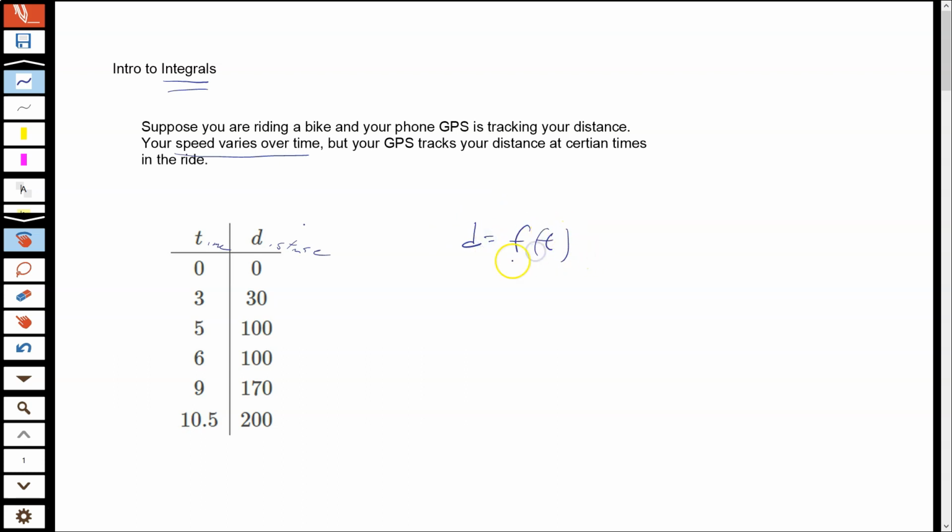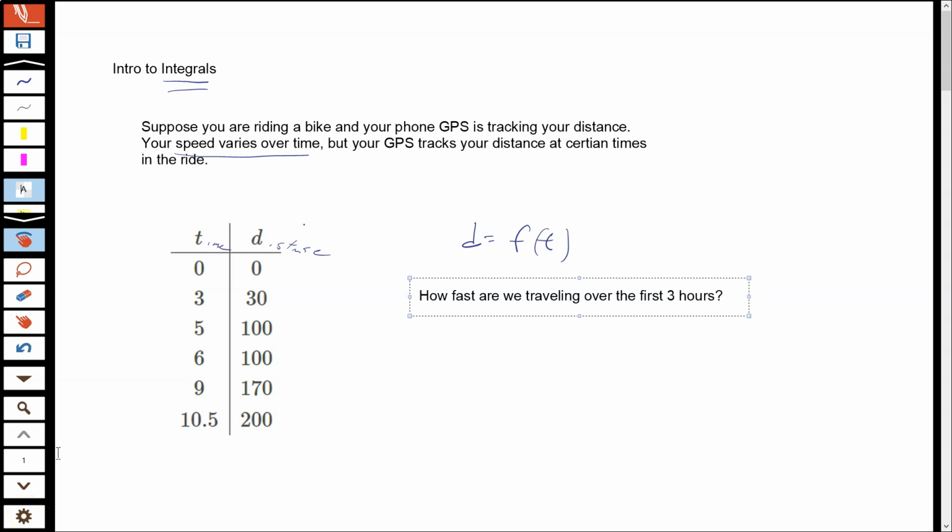So your distance varies as time changes. Now, my question for you, and this is really a derivatives question, is how fast are we traveling over the first 3 hours?